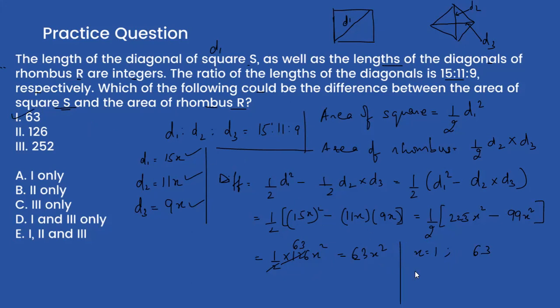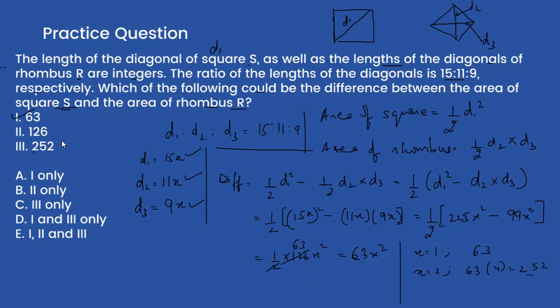Similarly, if x is equal to 2, it will be 63 times 2 squared, which is 4, so this comes out to be 252. So when x is 1 it is 63, and when x is 2 it is 252.